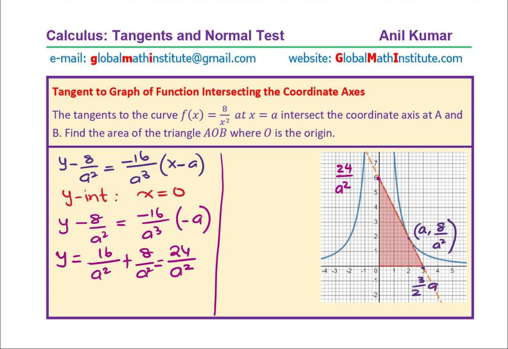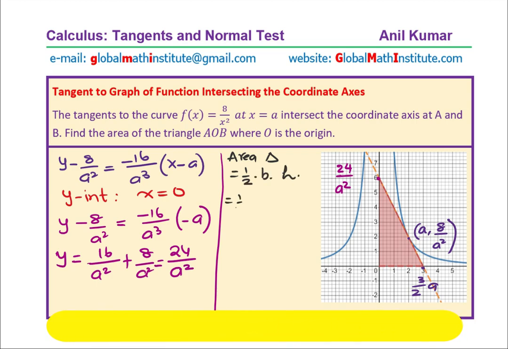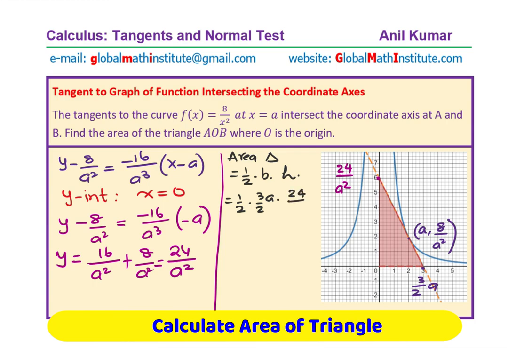Now we need to find the area of the triangle. So let's calculate the area of the triangle now. What is the area of the triangle? It is half base times height. So half of the base, which is the x-intercept 3 by 2 a, times the height, which is 24 by a squared. Make sense?